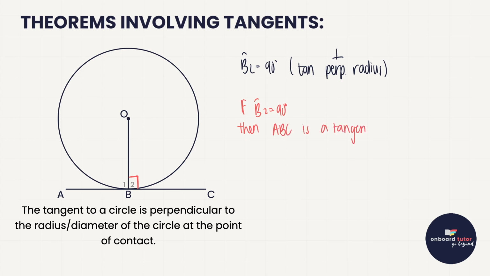Okay, so this is the converse, tan perp radius. Very important to know both of them, very important to be able to apply them in both directions. Again, have a look at what you were given. If you were given a tangent, then you can deduce that the angle is 90. If you were given the 90, then you can deduce that the line is a tangent, converse tan perp radius.